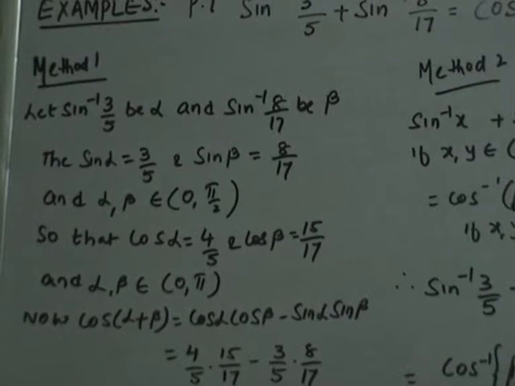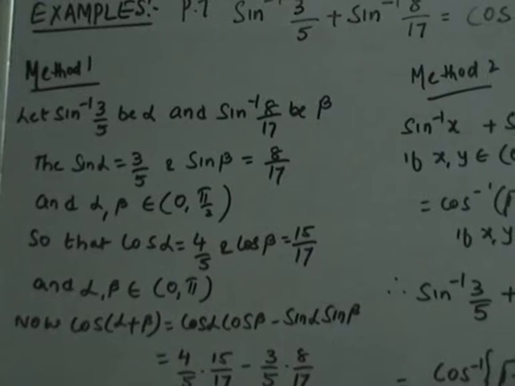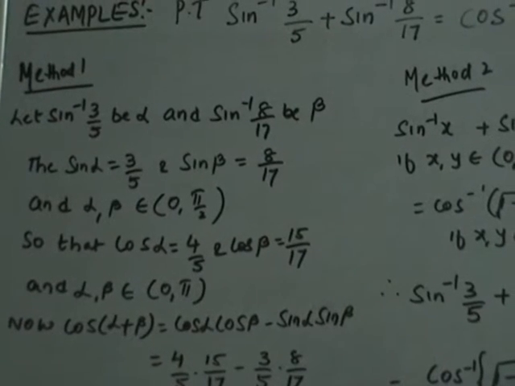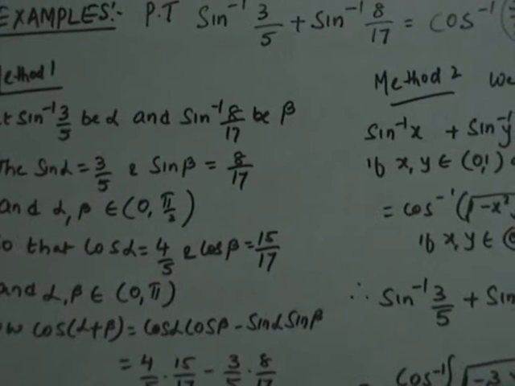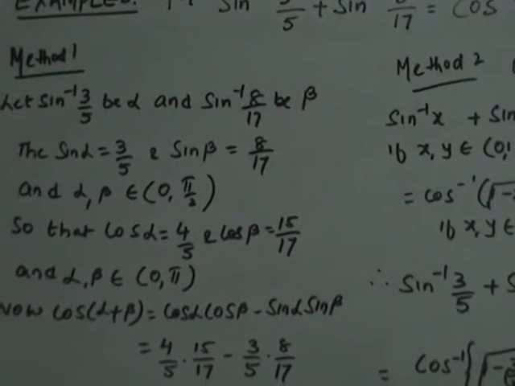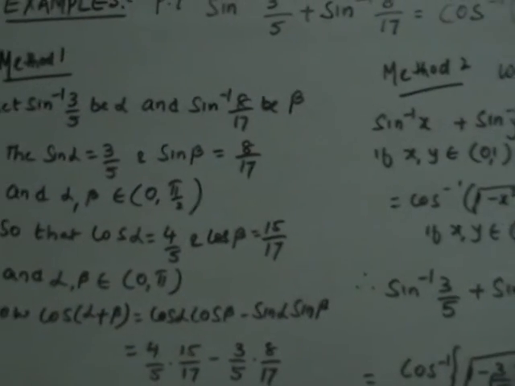Then sin alpha is 3 by 5, sin beta is 8 by 17, and alpha and beta belong to 0 to pi by 2, so that cos alpha is equal to 4 by 5 and cos beta is 15 by 17. Now let us see what cos of alpha plus beta is.